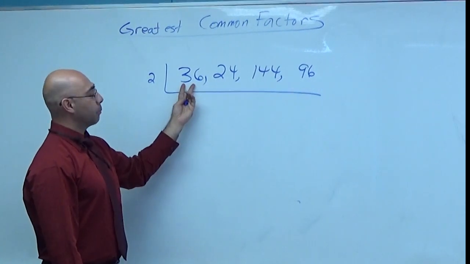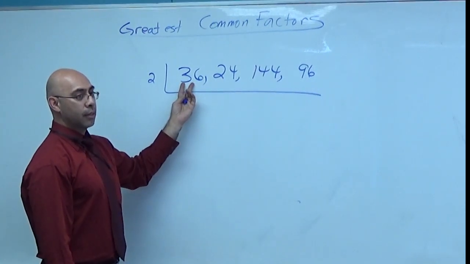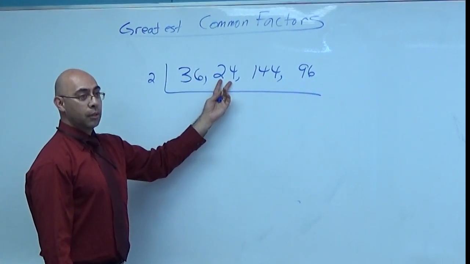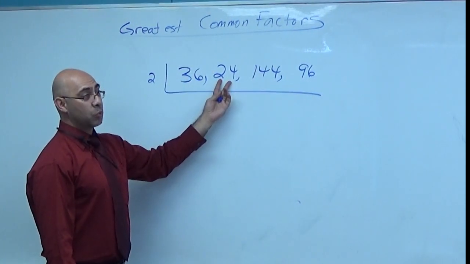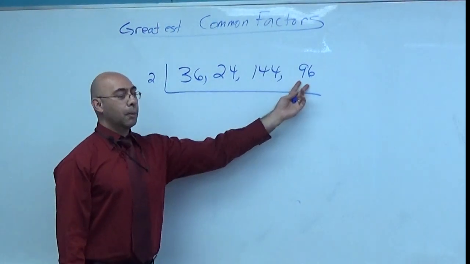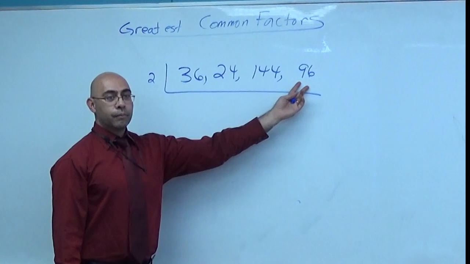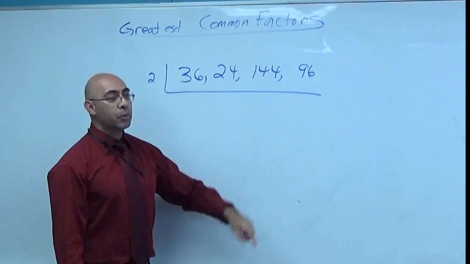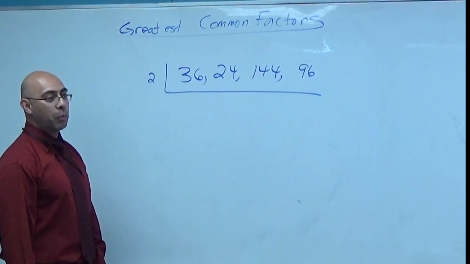The rule for 3 is just add up the digits. 3 plus 6 is? 9. So I can divide it by 3 because I can divide 9 by 3. What's 4 plus 2? 6. I can divide 6 by 3, so I can divide this by 3. What's 4 plus 4 plus 1? 9. Oh, what's 9 plus 6? No. 9 plus 6 is 15. So I can divide all these numbers by 3, and I can divide them all by 2.